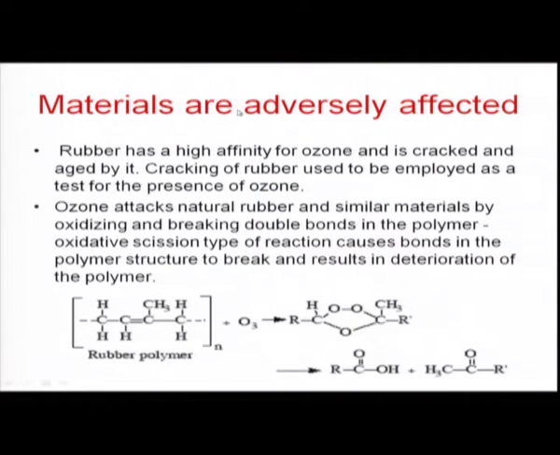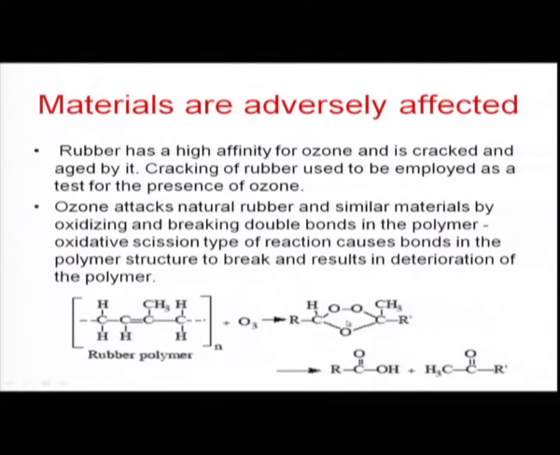More importantly, they affect materials adversely. One of the main things is rubber material. When rubber is exposed to this photochemical smog, material damage happens. Why is this happening? Because the rubber material, as shown in this diagram, contains a double bond. This double bond has a special liking for ozone and forms an ozonoid chemical initially as an intermediate.